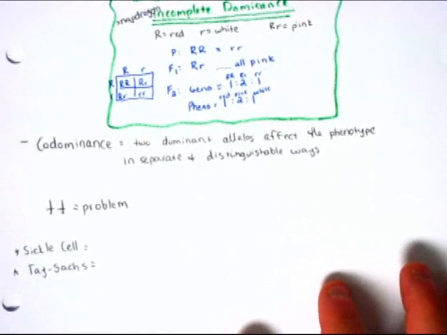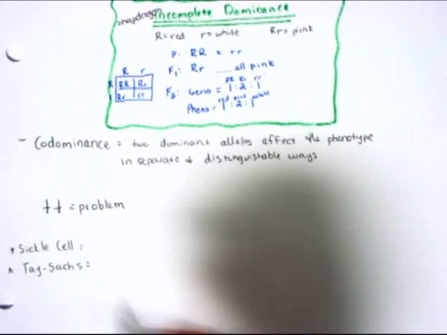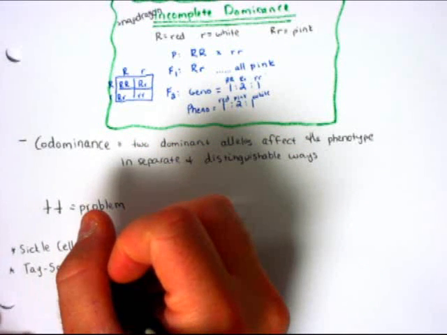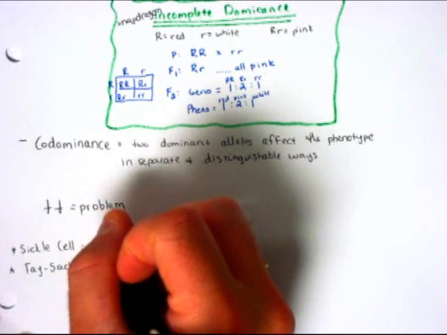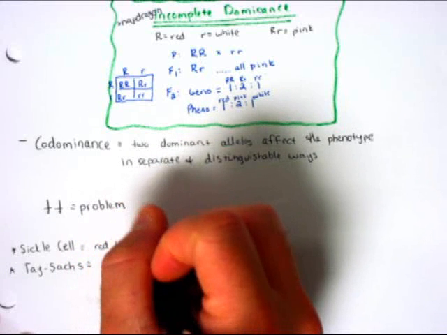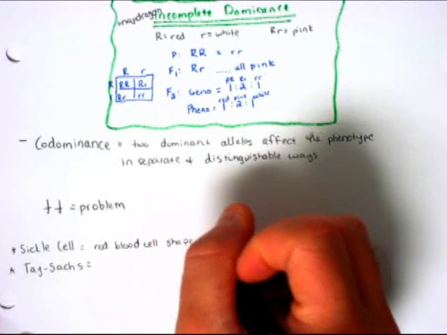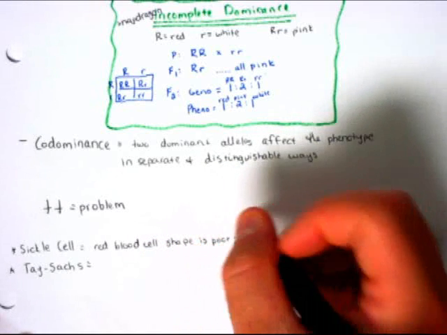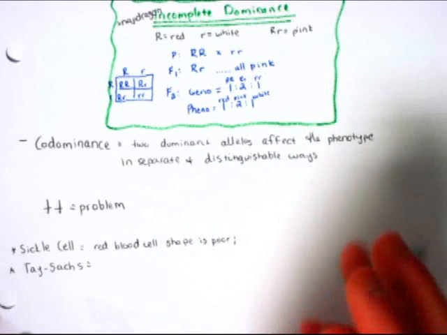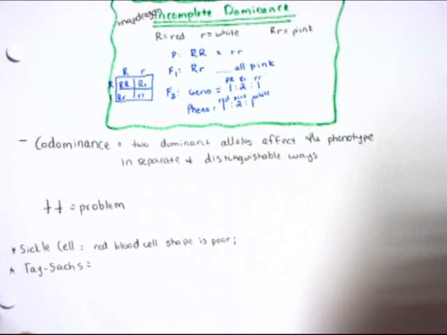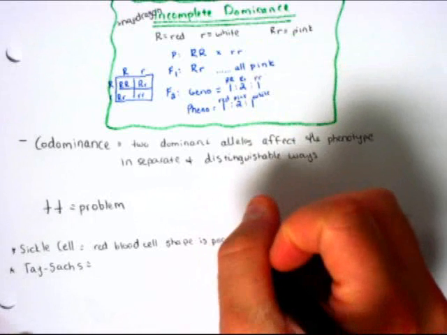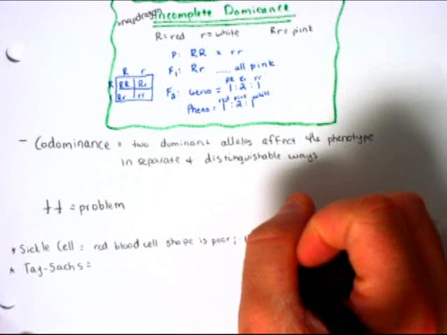What do we know about sickle cell anemia? Red blood cell shape is poor. That's because you have a bad gene for what protein? Very good, hemoglobin protein.